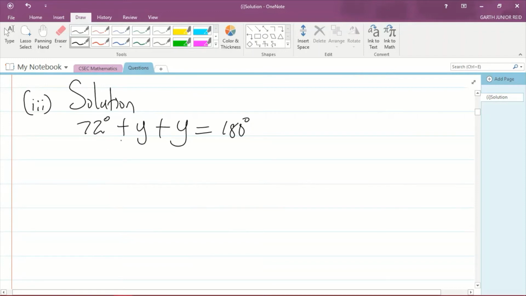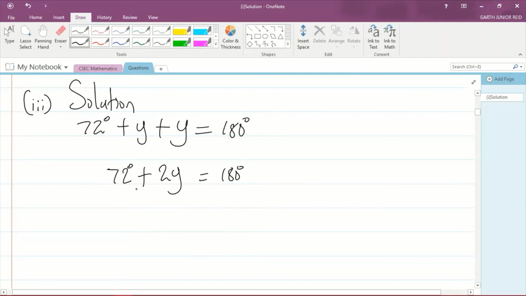So when we sum those angles, we must get 180 degrees. So I will now have 72 degrees plus 2Y, which is equal to 180 degrees. I want Y alone on the left-hand side of the equation. So what I'm going to do is subtract 72 from both sides of the equation.